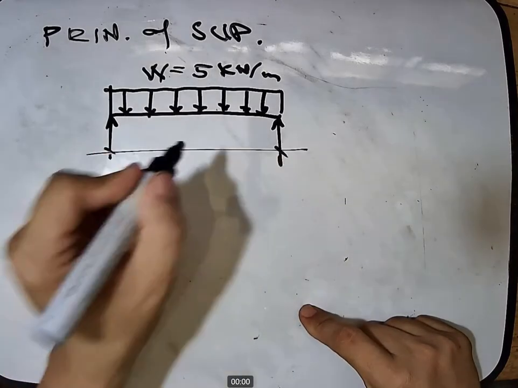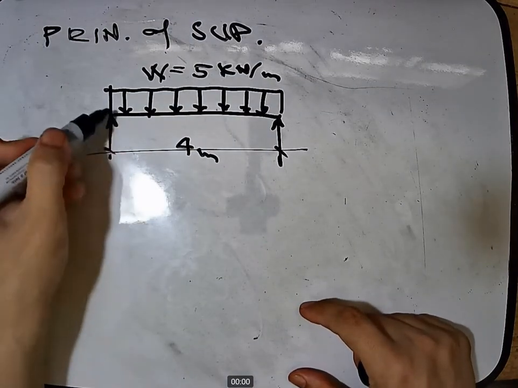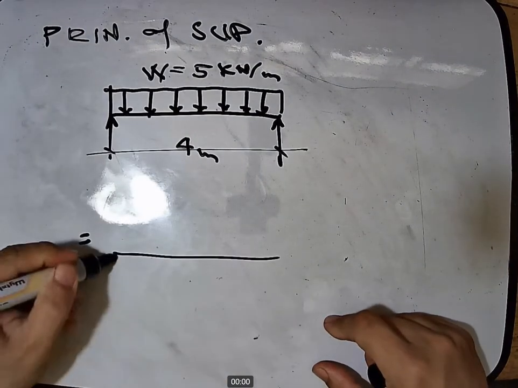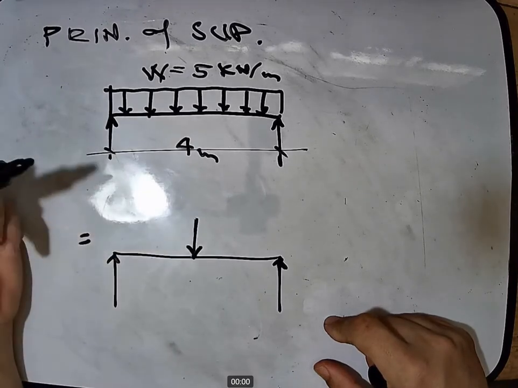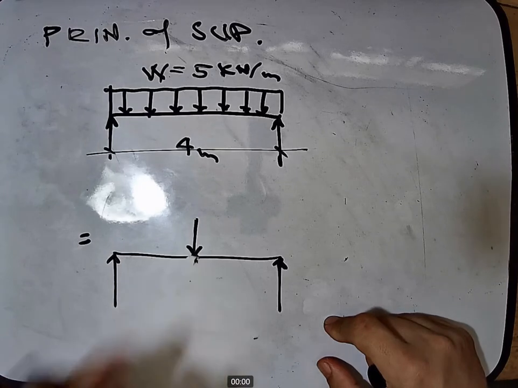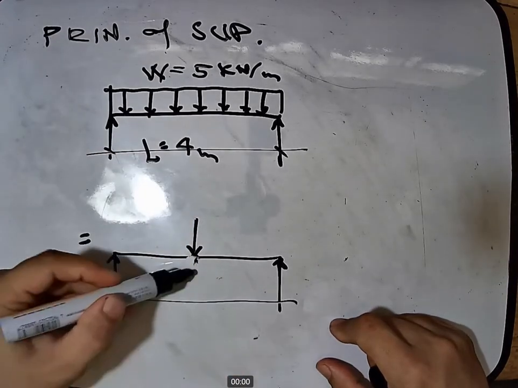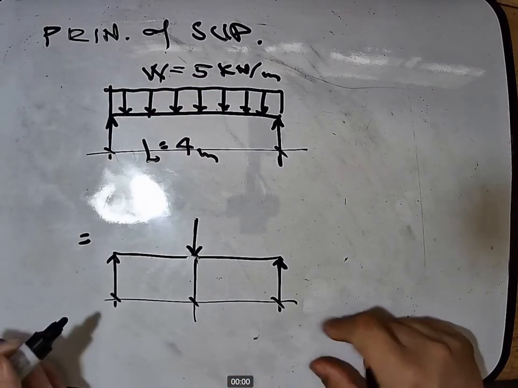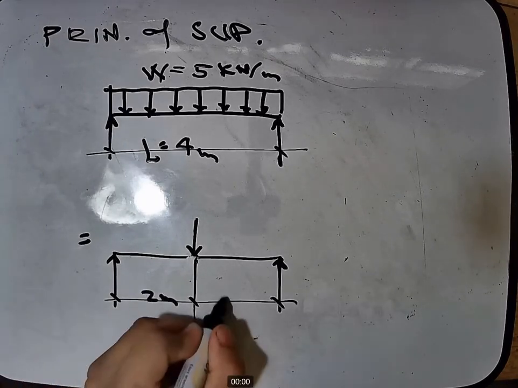Let's take this as, let's say, 4 meters. Note na itong uniform load, you can simplify this as a concentrated load applied at a single point. Ito yung kanyang length. So, ang application ng uniform load, you can simplify that to be applied at the midpoint of the length. So, this is at 2 meters and 2 meters.